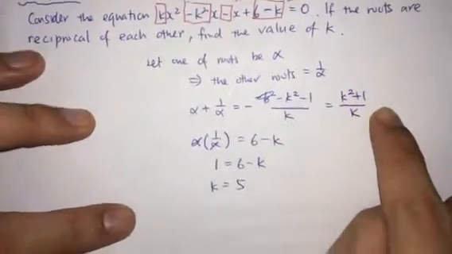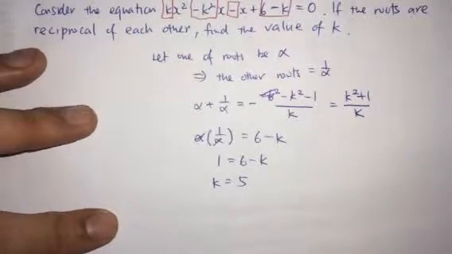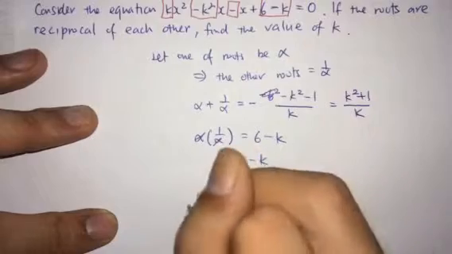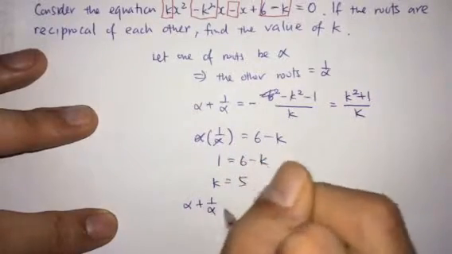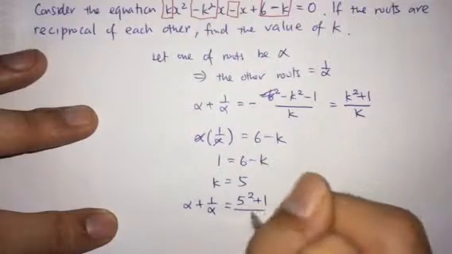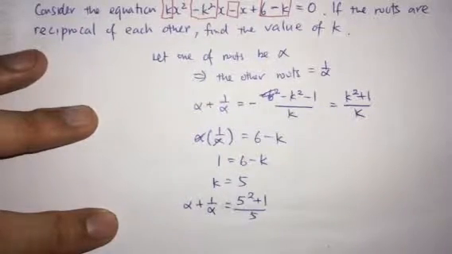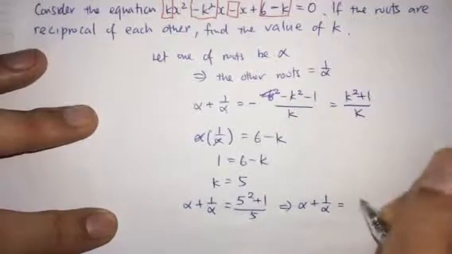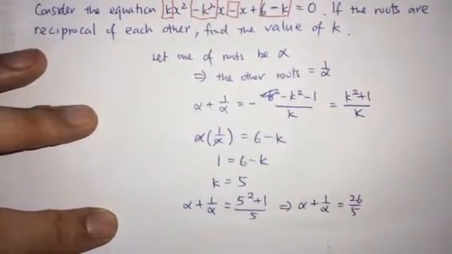However, if we are asked to solve for the roots, what we can actually do is just substitute this value of 5 back here. So alpha plus 1 over alpha equals 5 squared plus 1 over 5. This will give us alpha plus 1 over alpha equals 26 over 5.